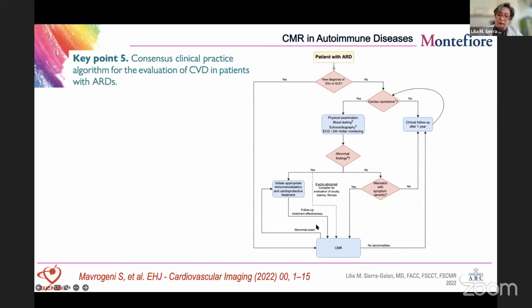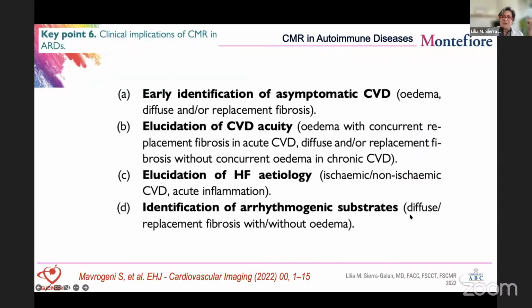If we want to follow up the treatment or follow the patient or give prognosis, do CMR. If we consider that the other evaluations are not so precise, then go to CMR. And if there's a mismatch between the symptom severity and the findings of the other imaging modalities, then go to CMR, okay?